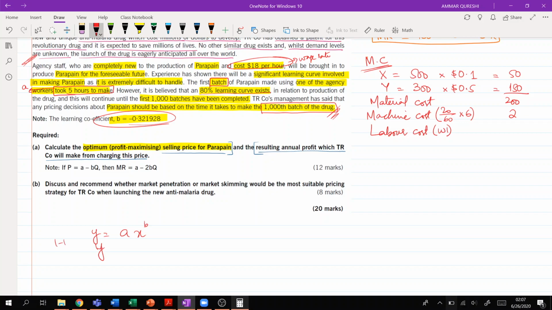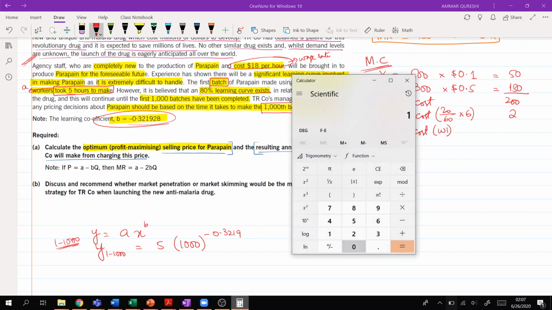So y will be equal to what? We are trying to calculate the time required for 1000 batches. So y equals A, which is 5, the time required for the first batch, times 1000 raised to the power minus 0.3219. So 1000 raised to the power minus 0.3219, and then multiply by 5.